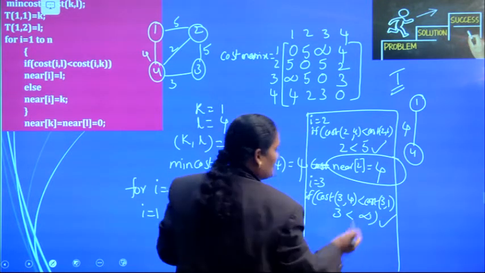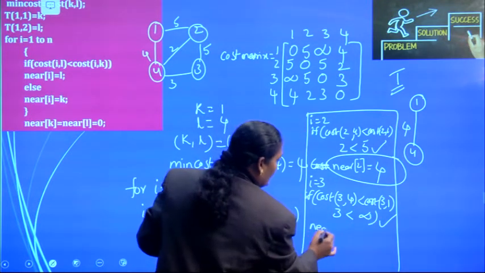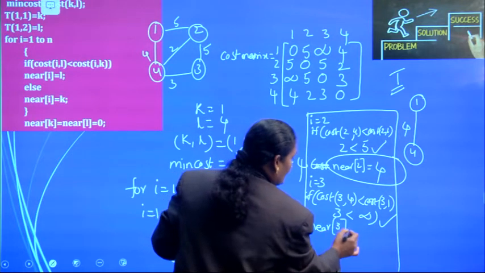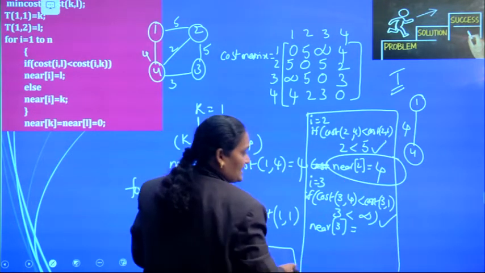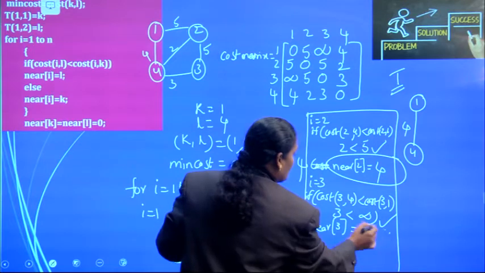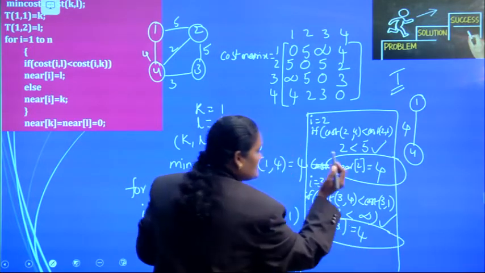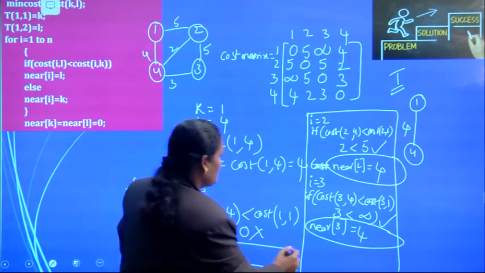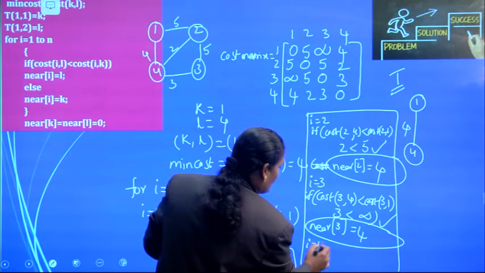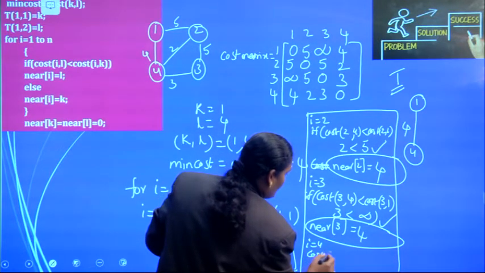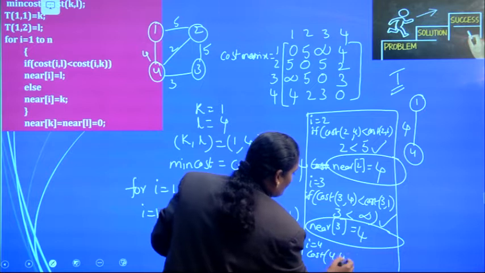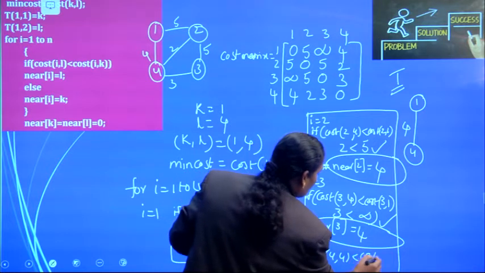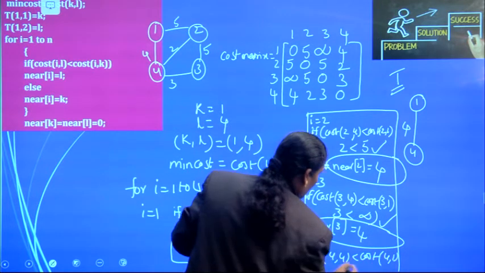Here also the condition is true. So near of 3 is equal to 4, obviously. So this is near of 3. In the same way, find for I is equal to 4. Cost of 4 comma 4 less than cost of 4 comma 1.